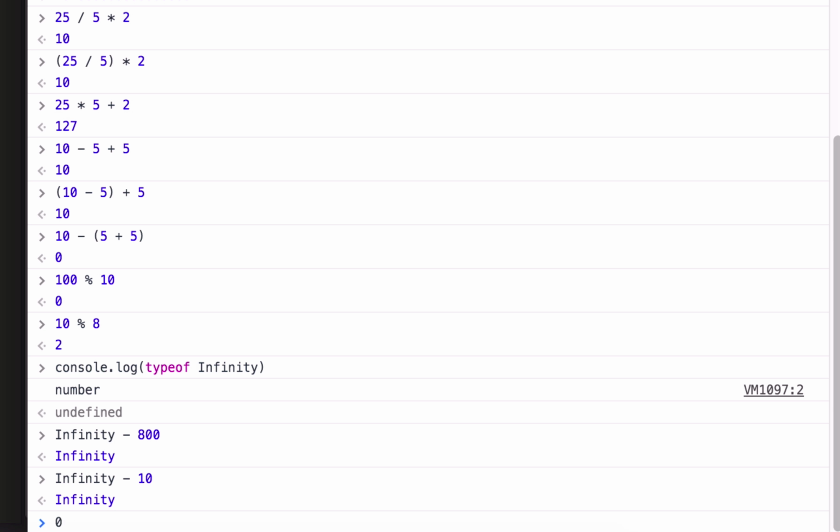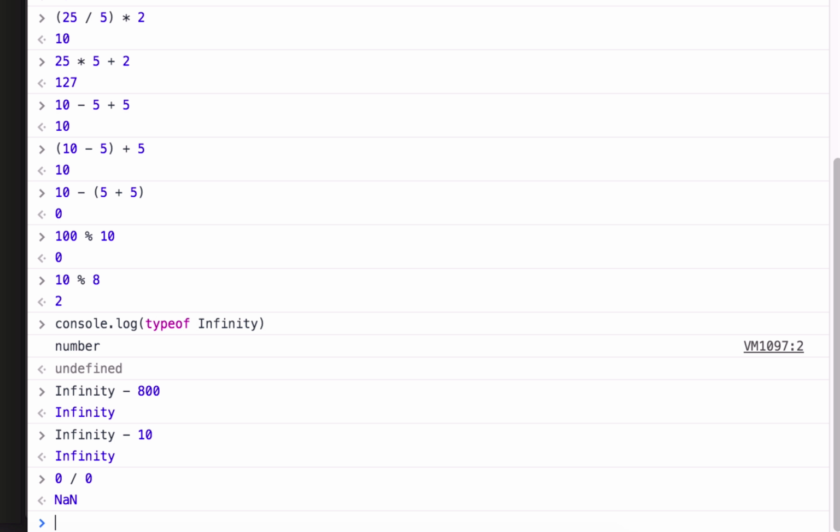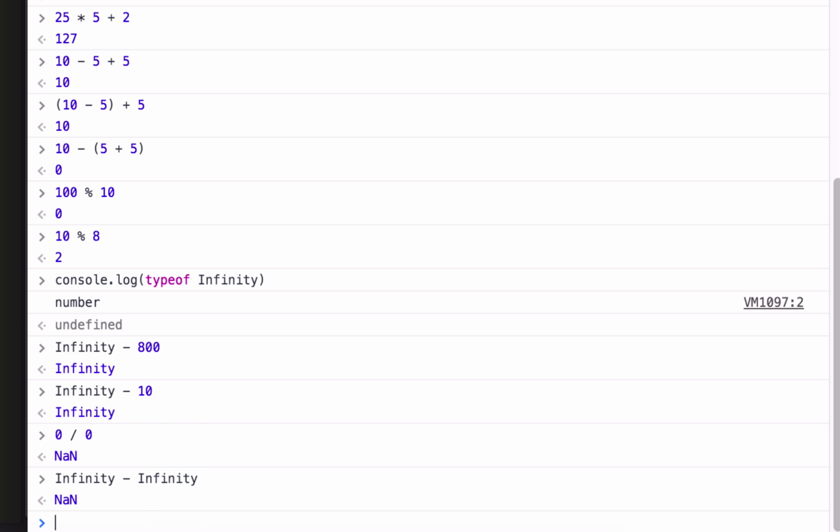For example, 0 divided by 0 would output not a number, as well as infinity minus infinity, because we have two undefined data sets trying to be computed, and there's just not a number that gets resulted out of that.